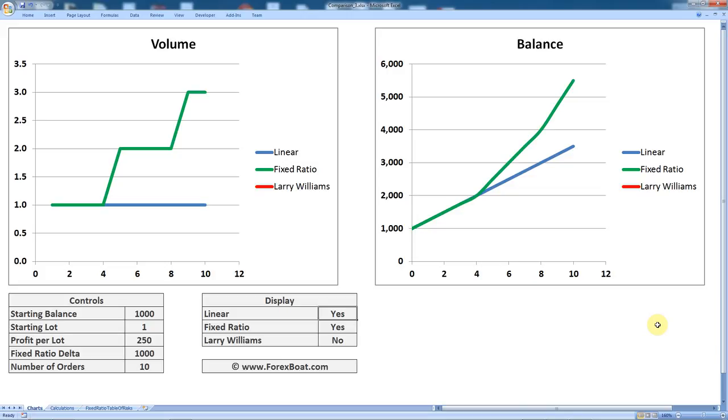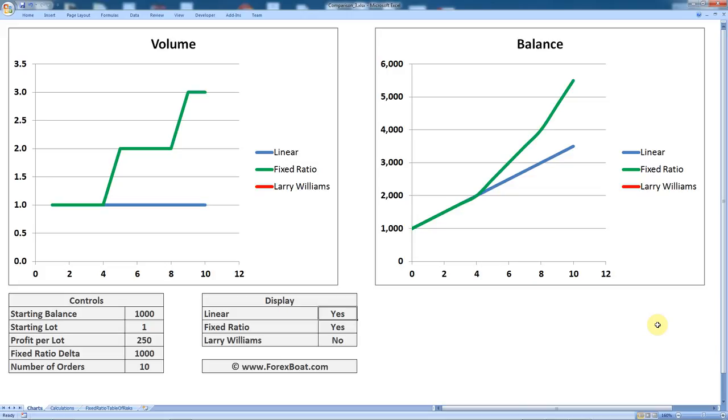And when I say compare, I mean we're going to create different hypothetical scenarios and throw those scenarios at these money management methods to see how our accounts would have behaved under these circumstances, depending on which money management method we choose.